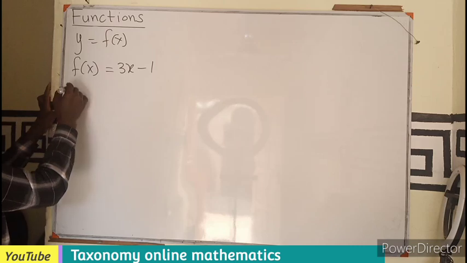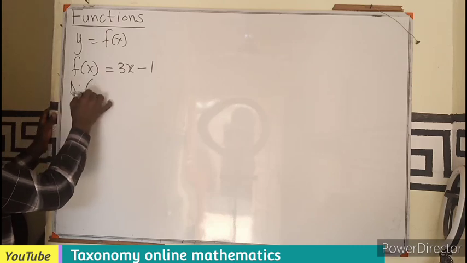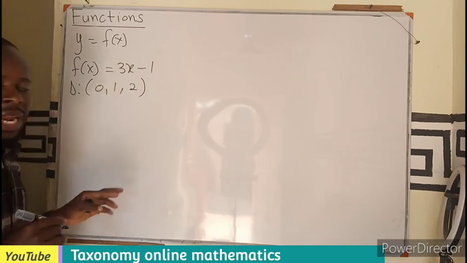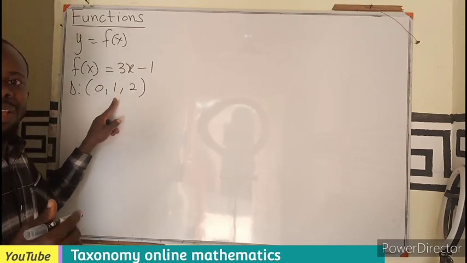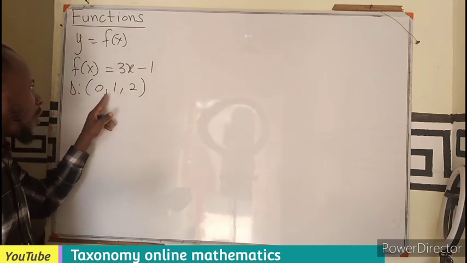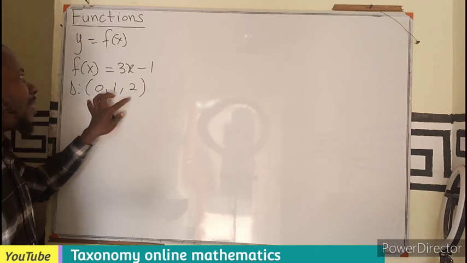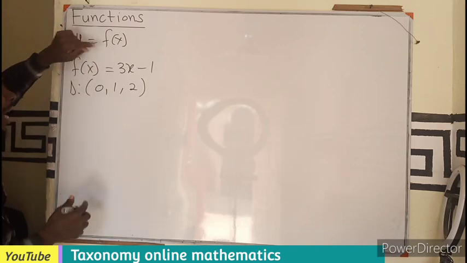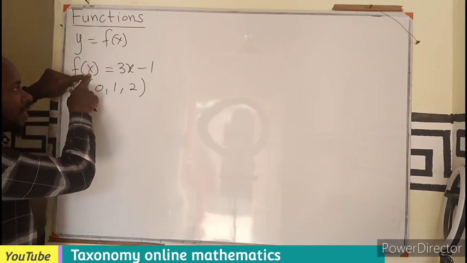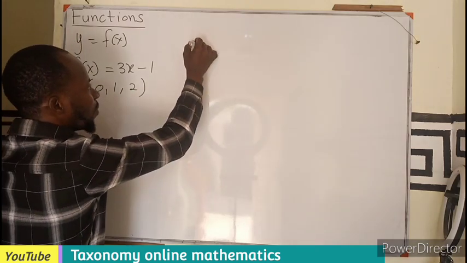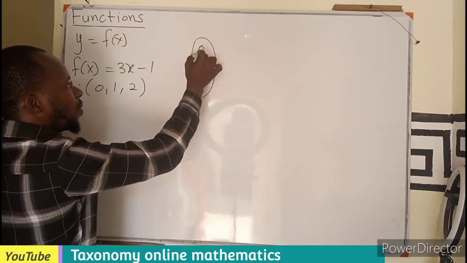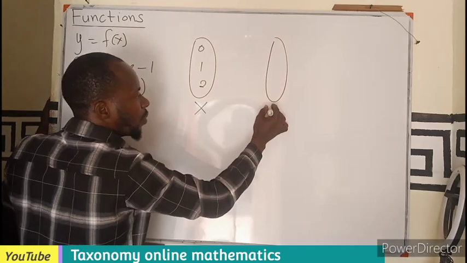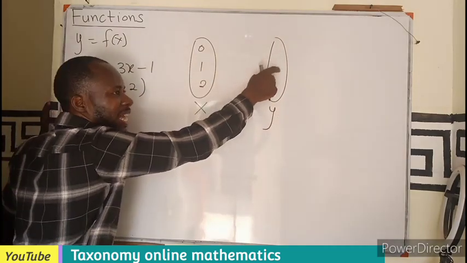So for example, if I've been given a domain, and I'm asked to find the image of each of the elements, or to find the range of this function, it means that I am going to replace the x. Don't forget, the x is going to be the set 0, 1, 2. Then we have y. We are looking for the image.